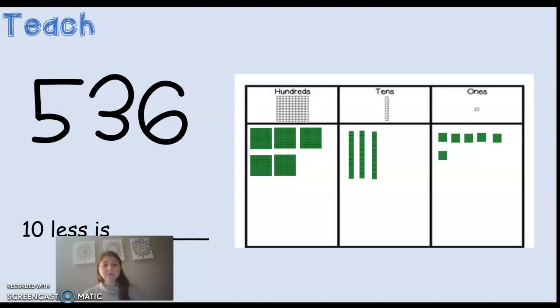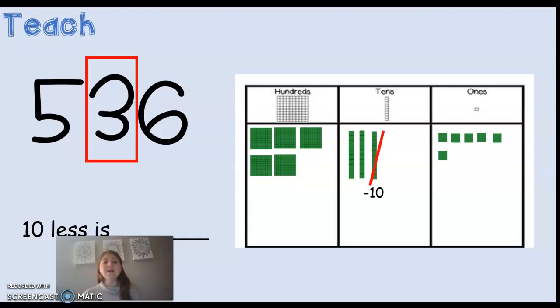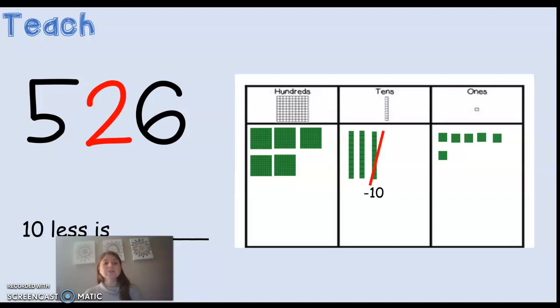Not my ones, not my hundreds. 10 less, that's going to change my tens place. So I'm going to look at my tens, and to take away 10, to get 10 less, I need to cross out a 10. Now I no longer have 3 tens left. I have 2. So 10 less is 526.